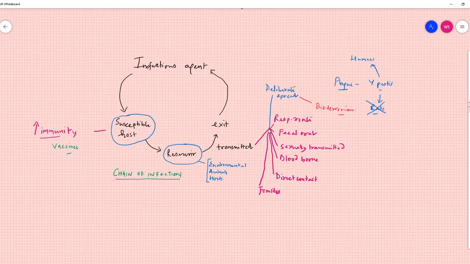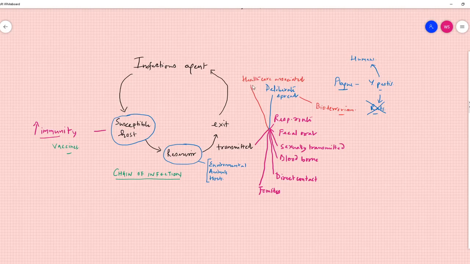The other one could be healthcare associated. You don't have a disease, and by chance you get a disease, and to treat that you get into a healthcare setup, and because you stepped into the healthcare system, maybe there was a microorganism in the hospital which got into you.